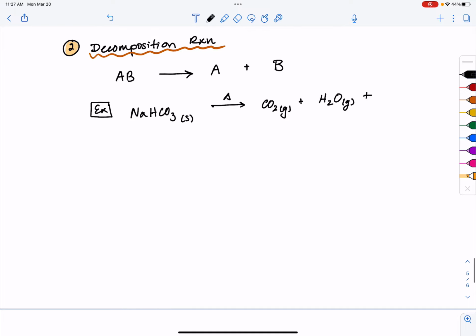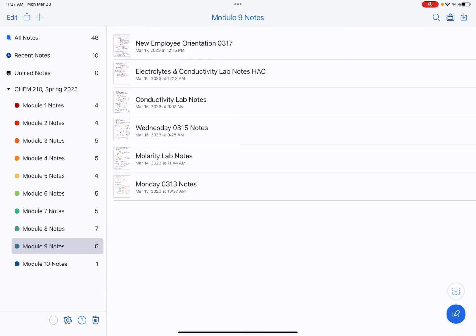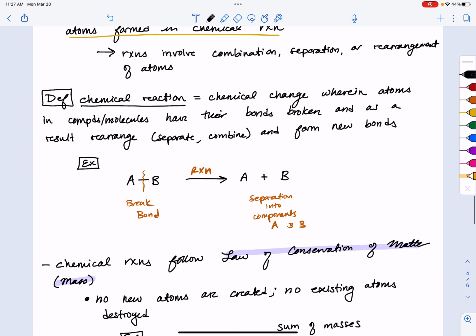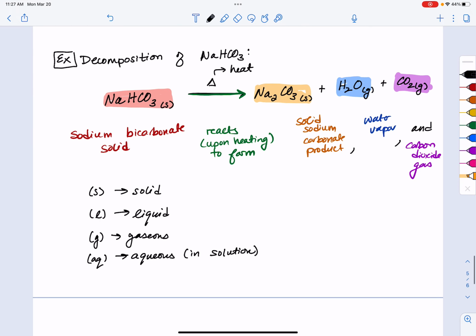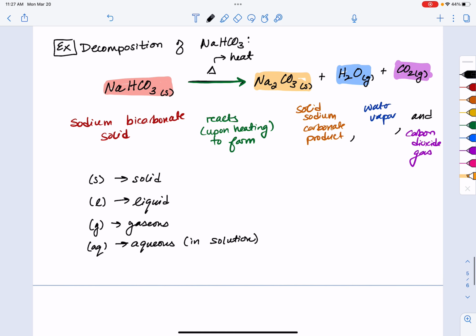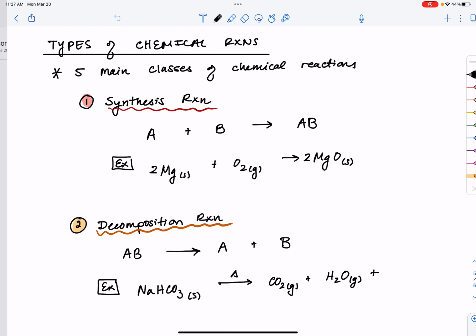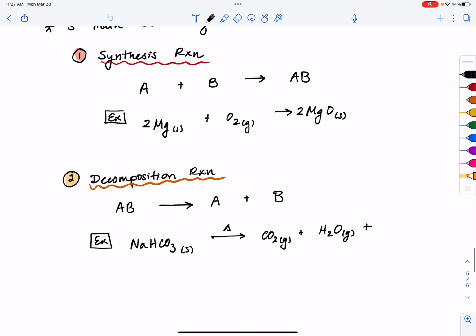Let's go check our other notes. We did this the other day, Wednesday. Sodium carbonate, that makes sense. Na2CO3 solid.